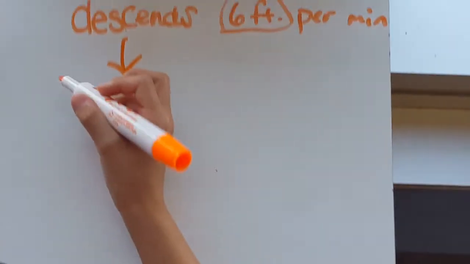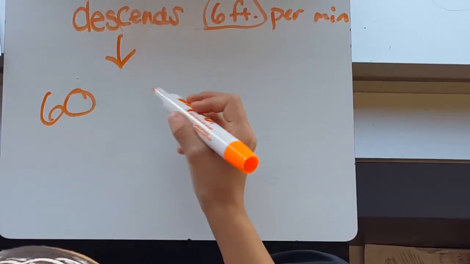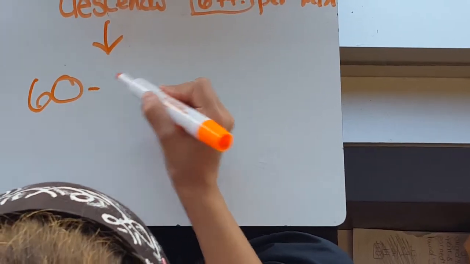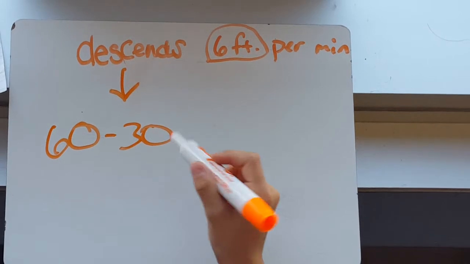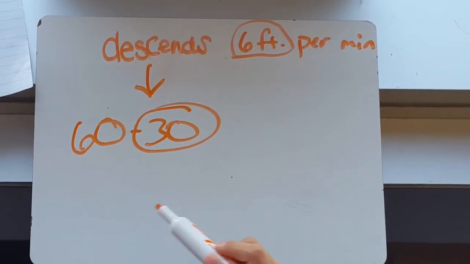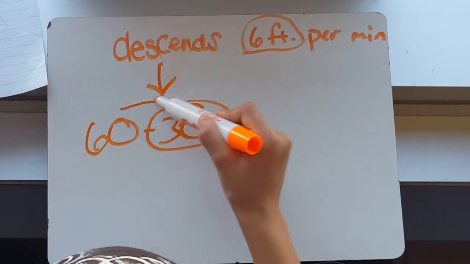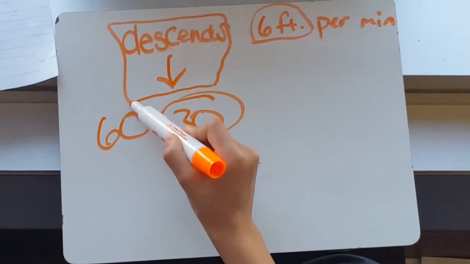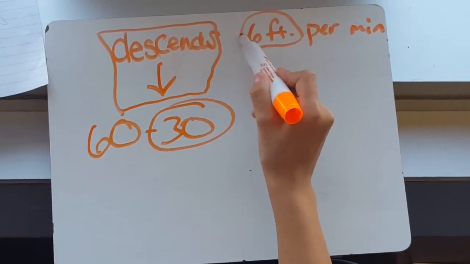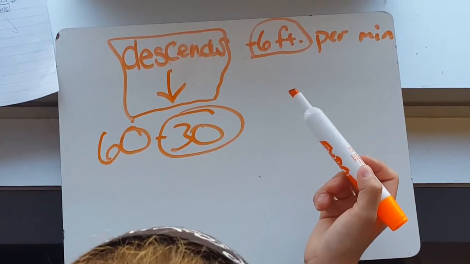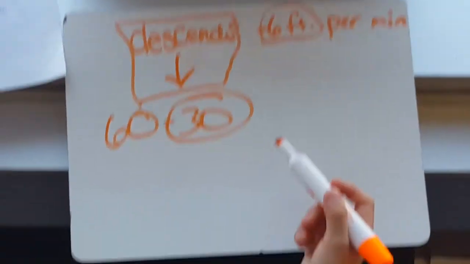So we know an hour is 60 minutes. Half of 60 is 30. So 30 minutes. And if he descends 6 feet, that means 6 feet would be negative 6 feet.